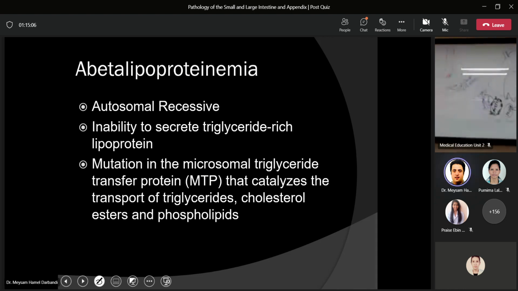So it will transfer. Now you tell me, if ApoB 100 and ApoB 48 are absent, I do not have VLDL and chylomicron in the circulation. We also see ApoB 100 on the surface of what lipoprotein?